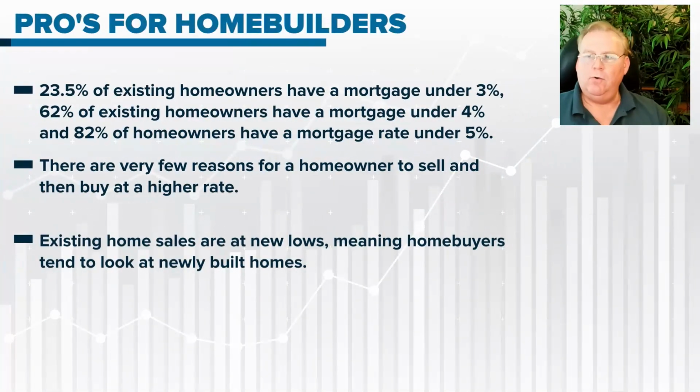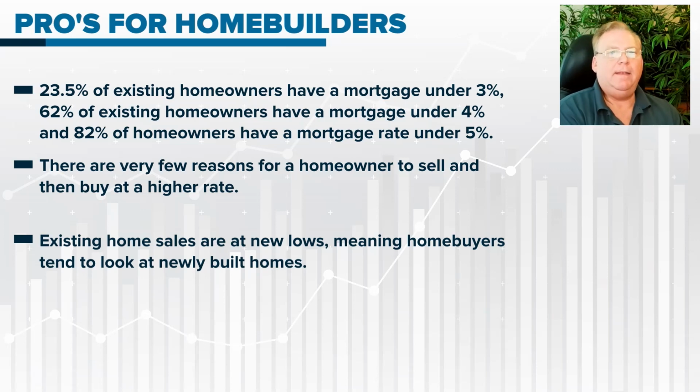So some of the pros for the home builders, for the sector as a group, is that really 82% of homeowners in the United States have an interest rate under 5%. There are very few owners of existing homes willing to sell their homes because they would be forced into a higher rate.